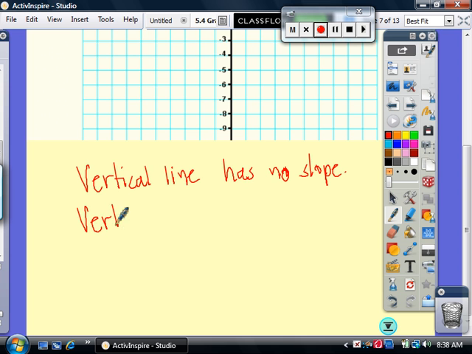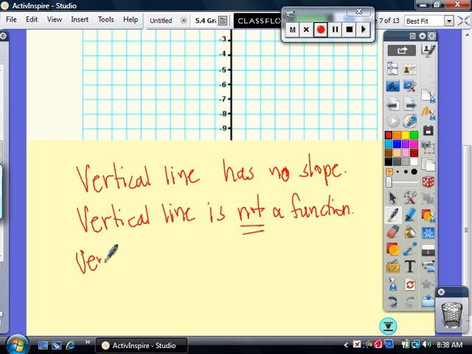A vertical line is not a function. It doesn't pass the vertical line test. And it is the only line that's not a function. The third thing we're going to say about a vertical line, they're kind of the rebels of all lines. They break all the rules.